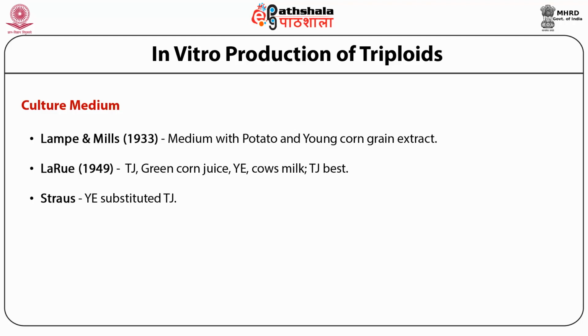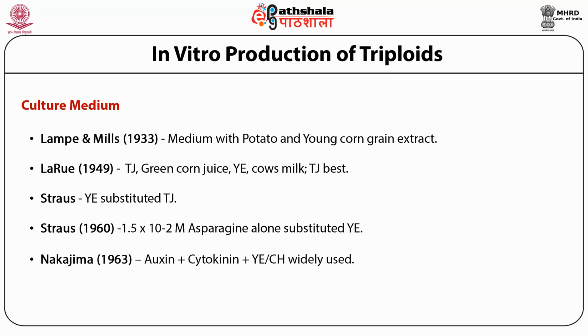But yeast extract also is not a pure substance. It contains a number of compounds besides the vitamin B complex. So in 1960, Straus again demonstrated that instead of using yeast, one can make a defined medium by adding asparagine alone, which could substitute for yeast extract.